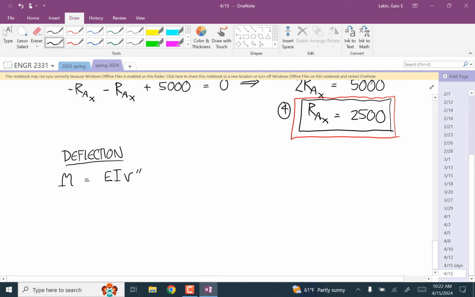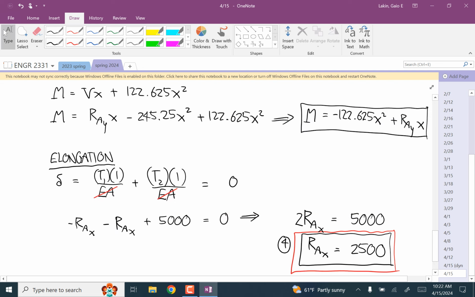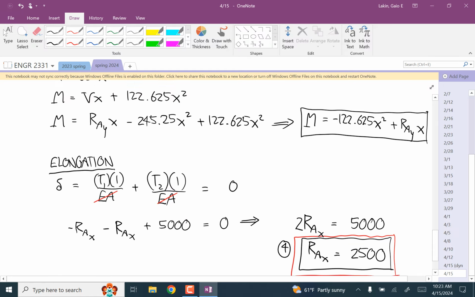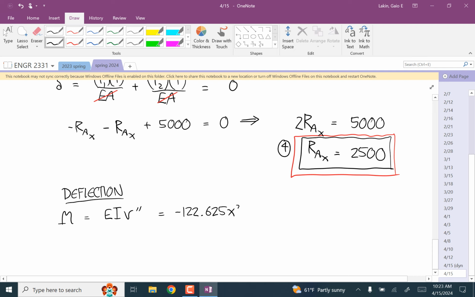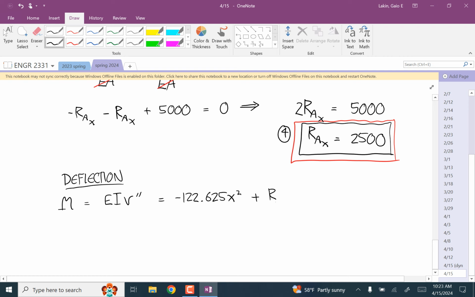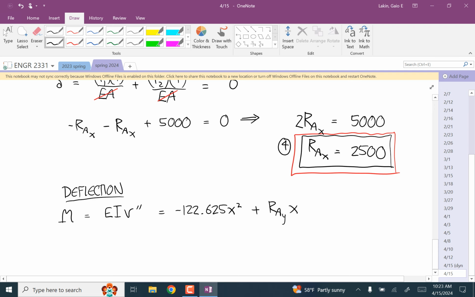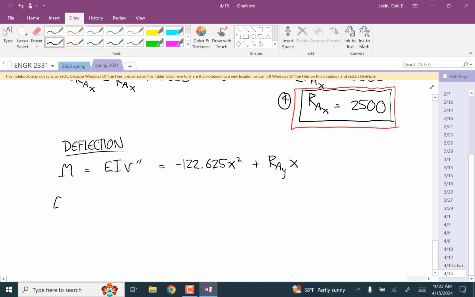And so if you integrate, let's put in this bending moment function, negative 122.625 x squared plus RAY times X. I'll integrate everything and I get that EIV prime is equal to negative 61.3125.